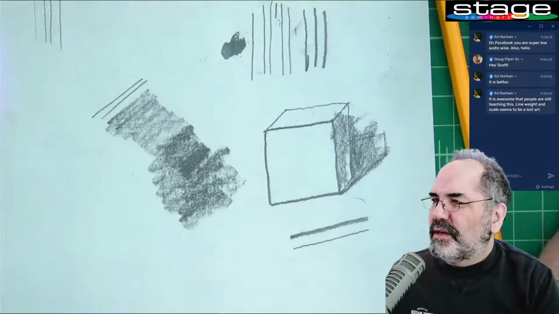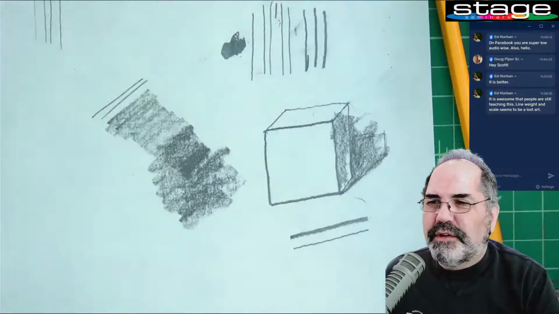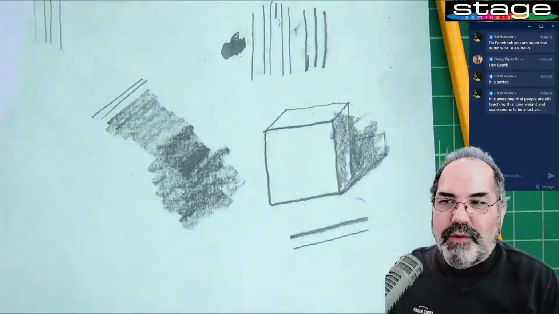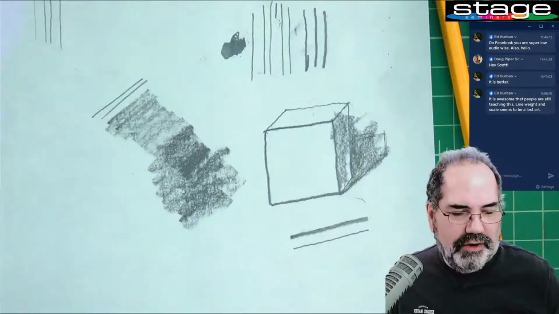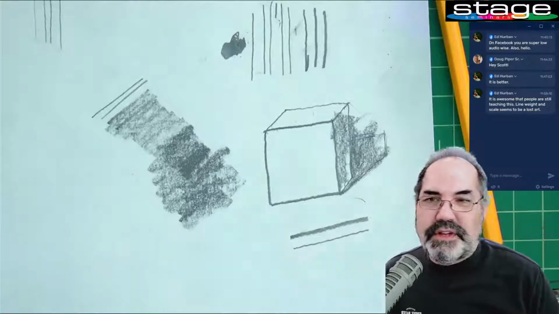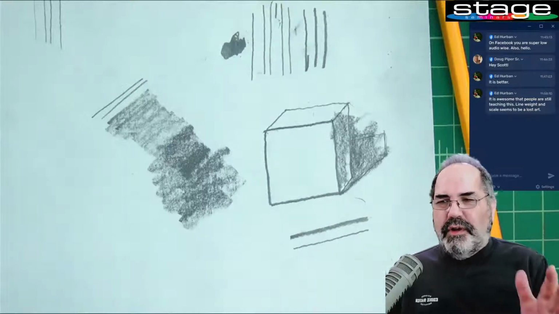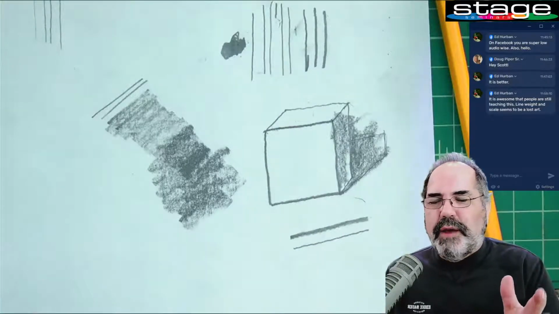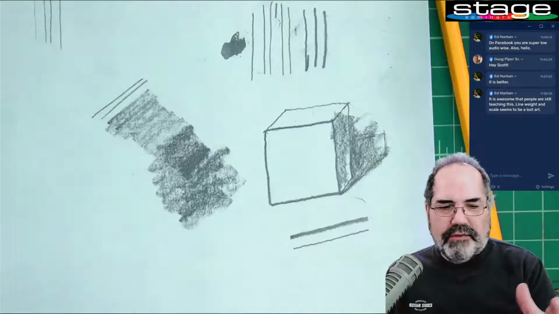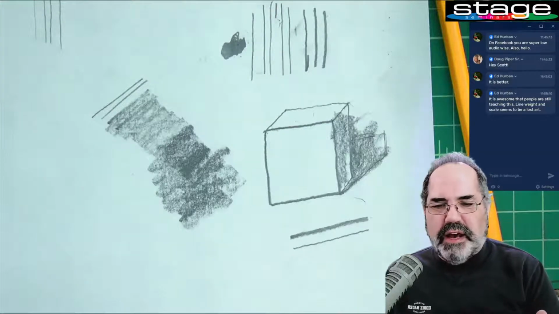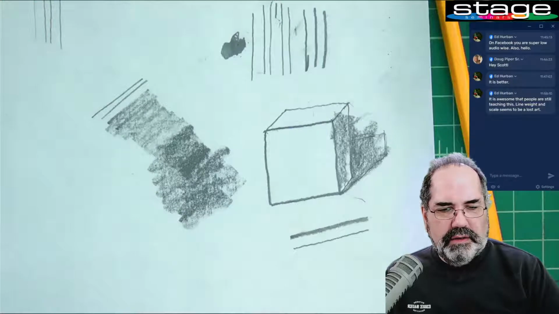All right, let's see. I'm just catching up on chats from different sources. Yes, Ed, I agree. Line weight and scale are a lost art, and one of the reasons is because of CAD. We do all this stuff on a computer screen, and we no longer have a relationship of size and scale when we're talking about the printed sheet.